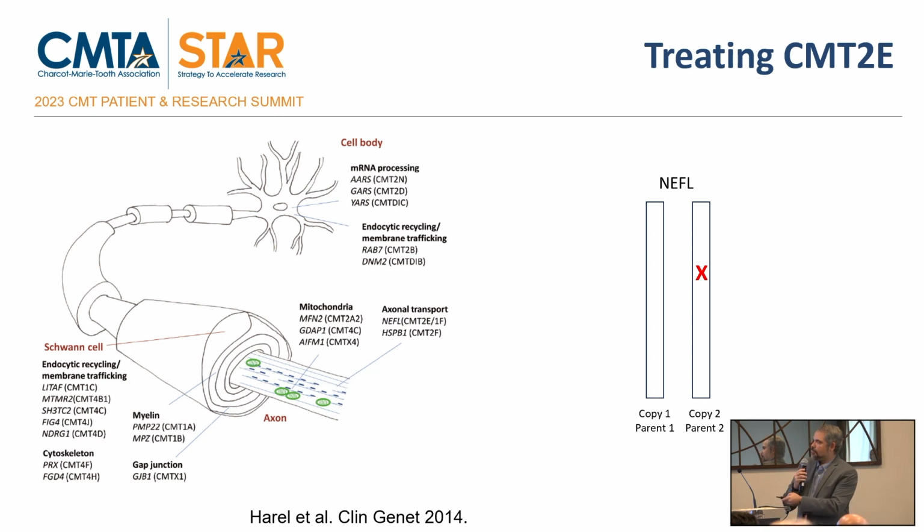But we know that for NFL, there are many people walking on the streets here in Boston that have a mutation that's turning off one of their alleles, or one of their gene copies, and they are fine because they have that healthy copy working. So we know that for neurofilament, we can definitely get away with turning that bad copy off. And there are very likely other genes in the type 2 category that will be the same case.